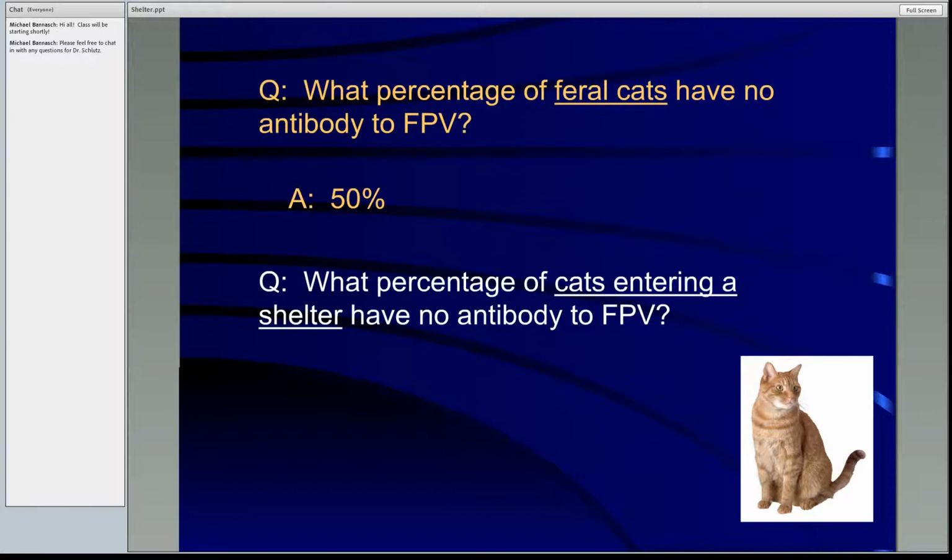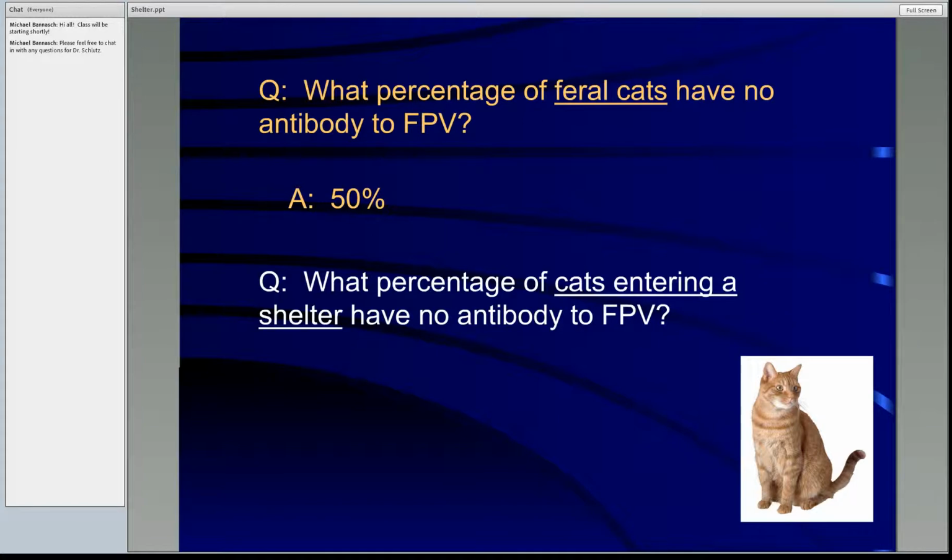That really surprised me, especially in this area where there were opportunities for dogs to have contaminated the environment. There's opportunity for mink. We have wild mink in that environment. We also have some other felid species that could have been infected, but they're not infecting our feral cats naturally.